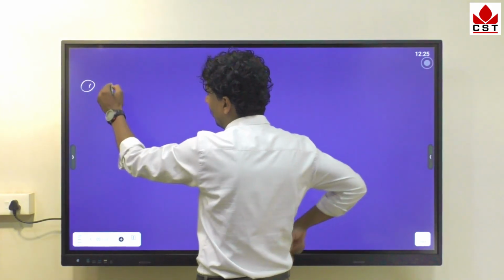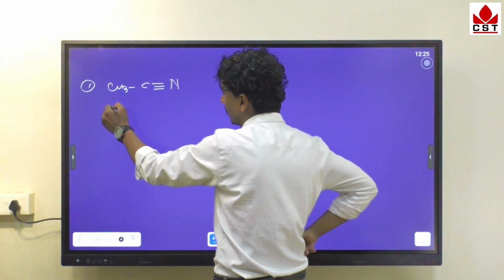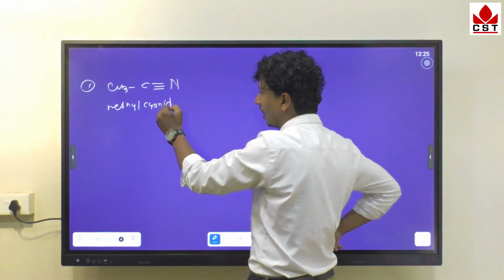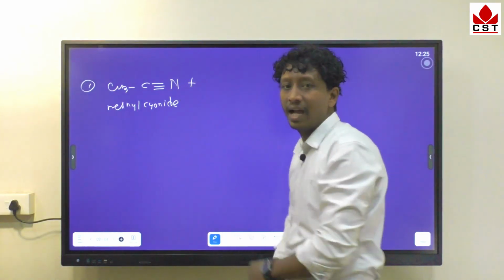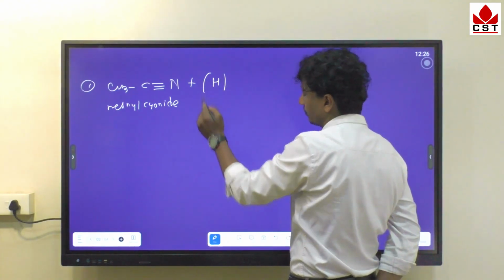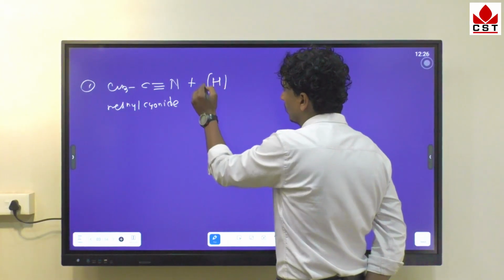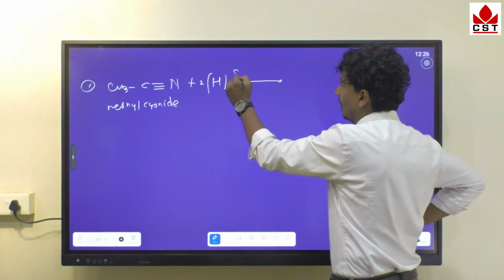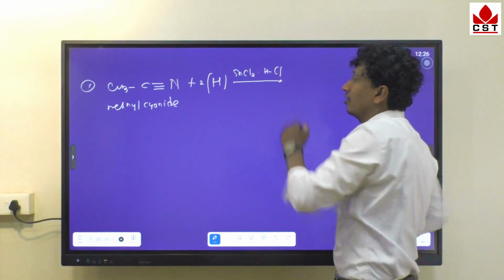There is CH3-C triple bond N, and the name of that reactant is methyl cyanide, which is treated with nascently prepared hydrogen, 2H, obtained from SnCl2 and HCl.